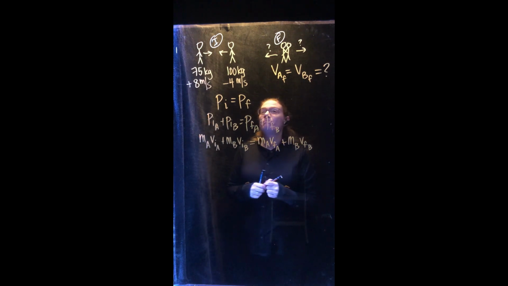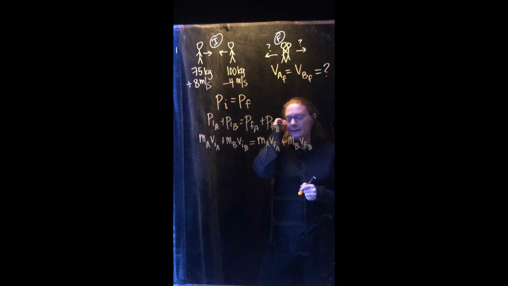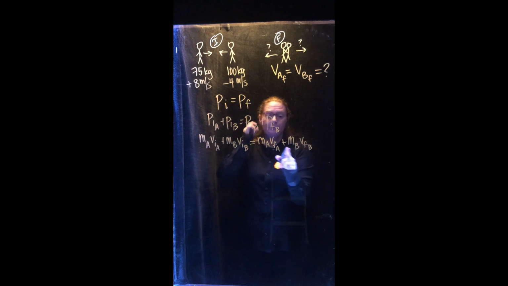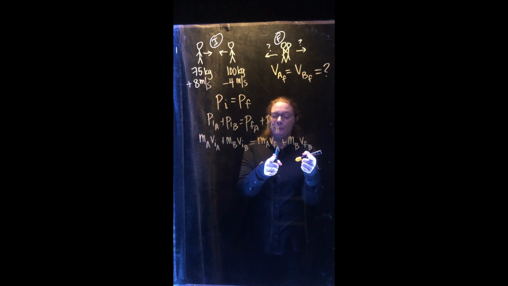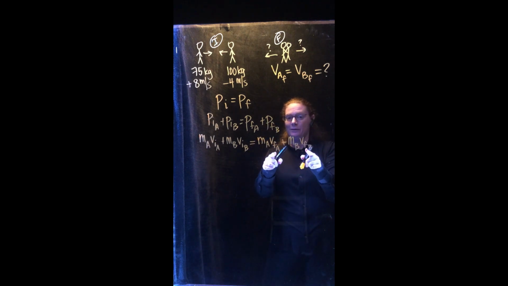Are there any zeros? Nope. Four terms to deal with then. We know the masses, and we know these two, and we're looking for that. That looks like two, but it's not really two. There's only one because those are the same thing.